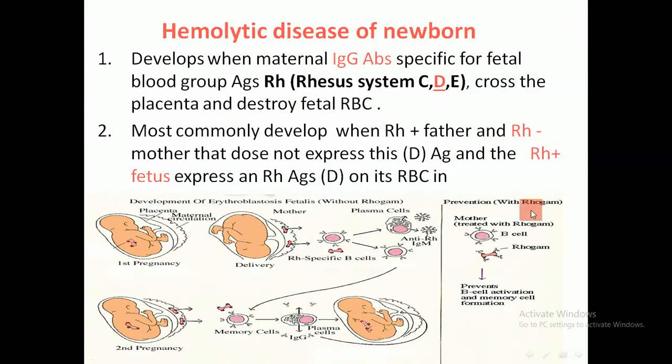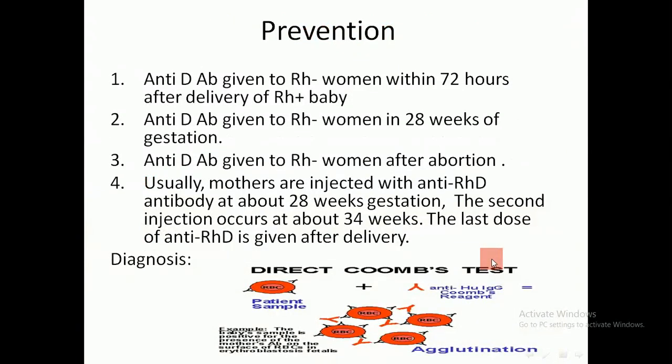So to prevent this, we will give the mother RhoGAM, the anti-D, so the mother is treated with RhoGAM. This is the B cell, and this is the RhoGAM, which is an antibody against the antigen that is present on the cell surface of the RBC, and this leads to neutralization of all antigen which is present on the RBCs.